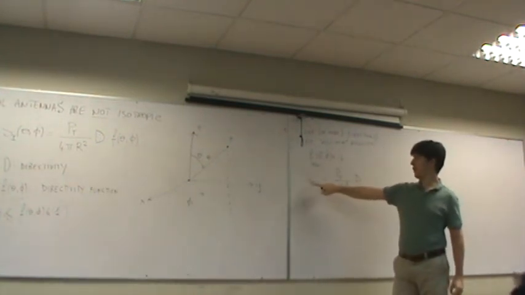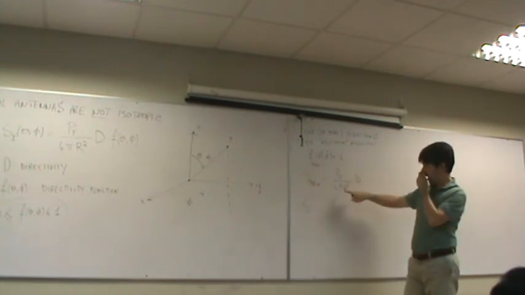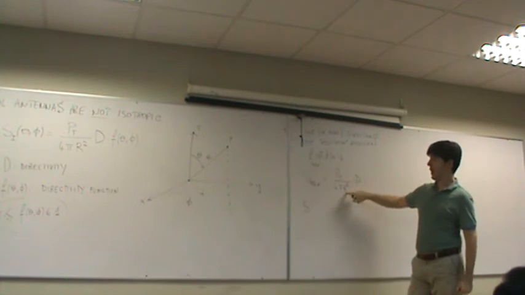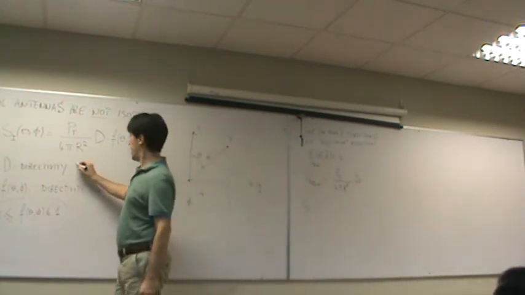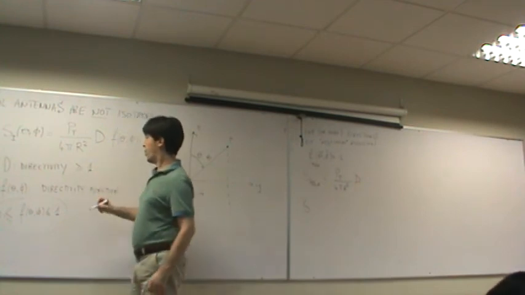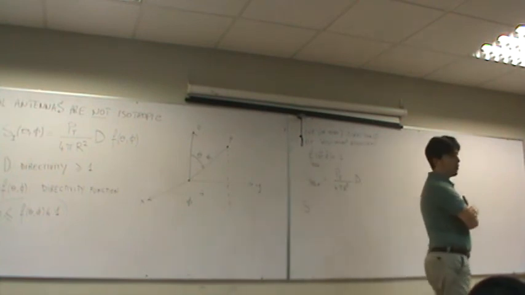The maximum value of the power density will be the transmitted power divided by the sphere surface, times D. D is, we will see, a number that is always greater than or equal to 1.